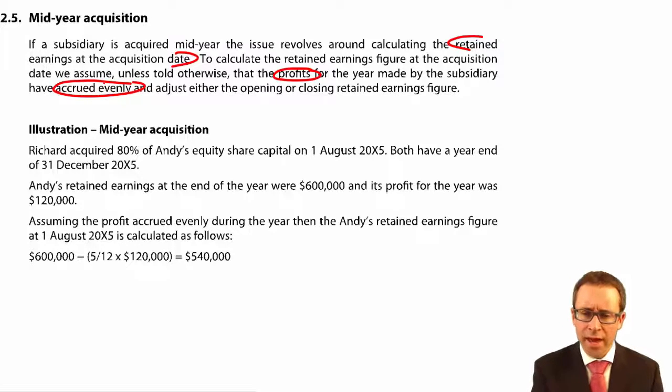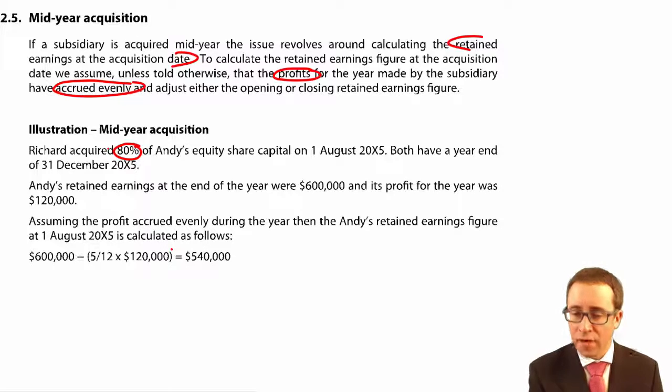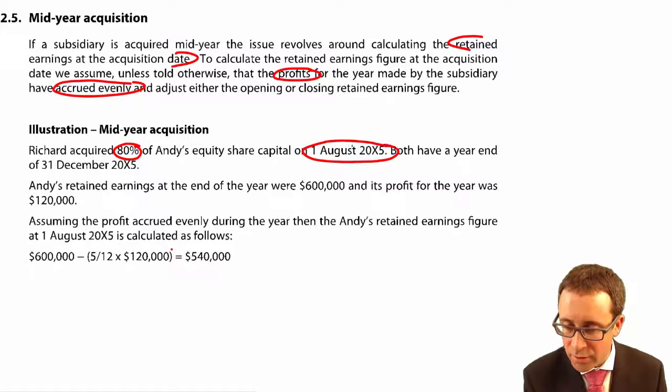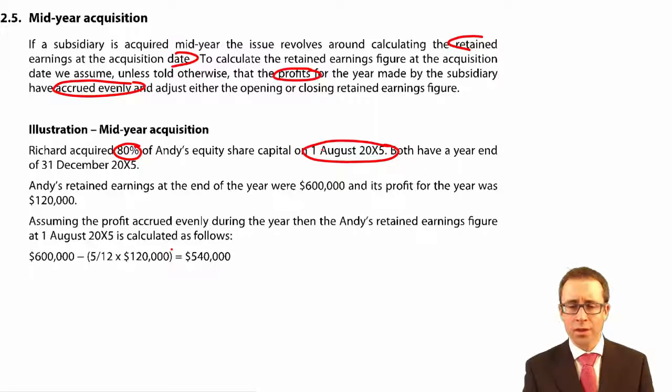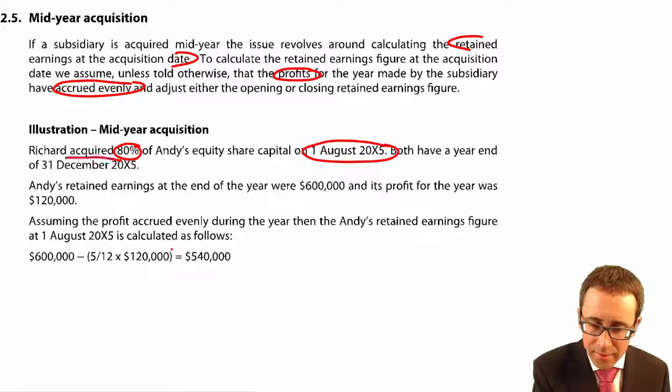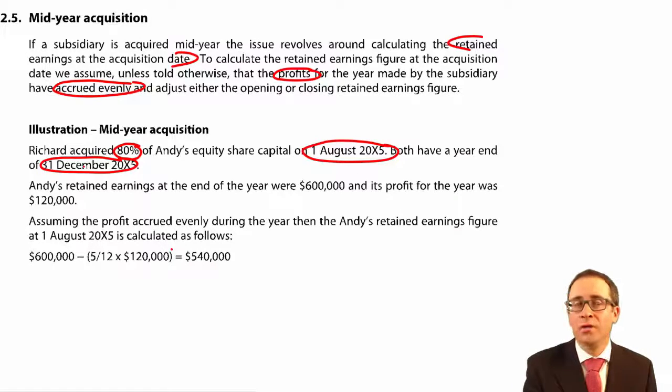It says Richard acquired 80% of Andy's equity share capital on the 1st of August 20x5. So NCI is 20%, acquisition date is the 1st of August, and the year end is December, isn't it? So we haven't acquired the subsidiary on the first day of an accounting period. We haven't acquired it on the last day, which, if you have spotted, is what we've done in all of the previous questions.